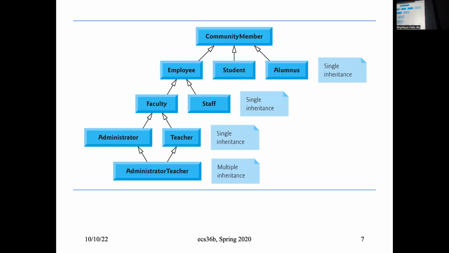By the way, from 2014 to the end of 2018, I was 50% hired as a computer science faculty, and 50% I was in the dean's office, supporting the dean to do some administration. So at that time, I'm doing multiple inheritance. I'm a teacher, but I also do administration.